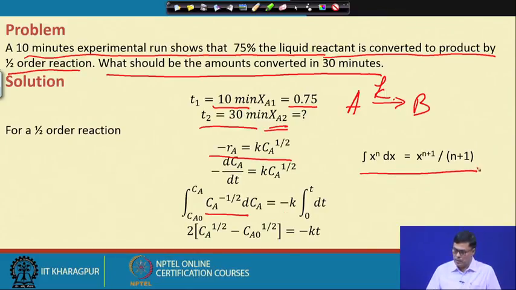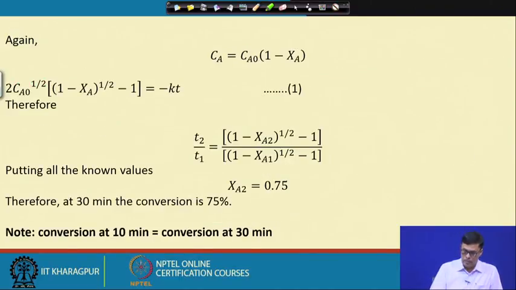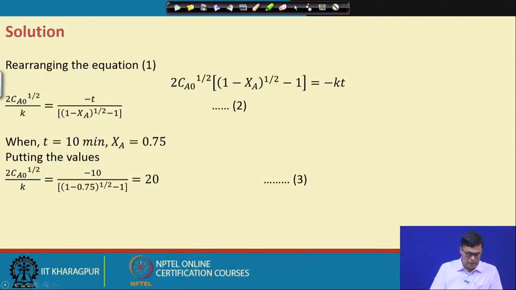This differential equation is solved like this: integral of x to the power n dx equals x to the power n plus 1 divided by n plus 1. If you do similar things here, we get the solution 2 into Ca to the power half minus Ca0 to the power half, because the integration is from Ca0 to Ca, equal to minus K into t.